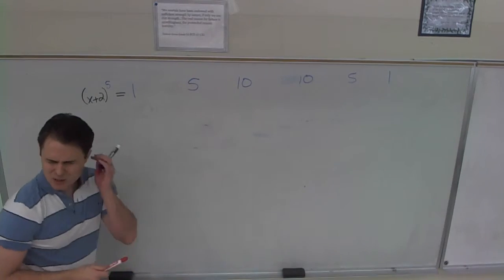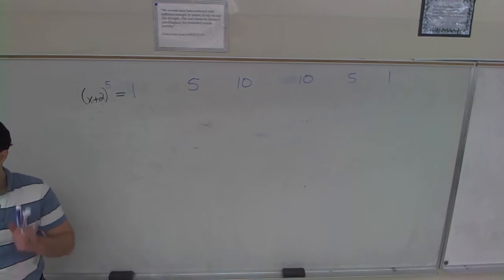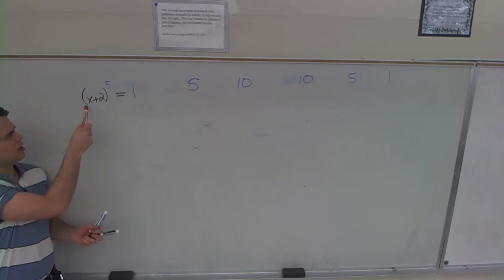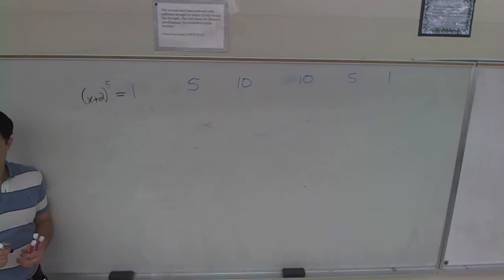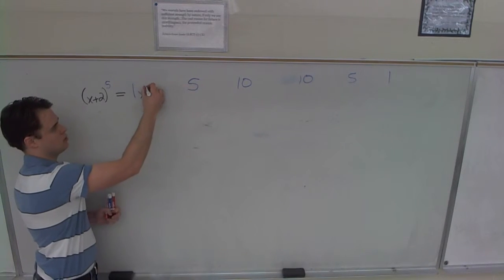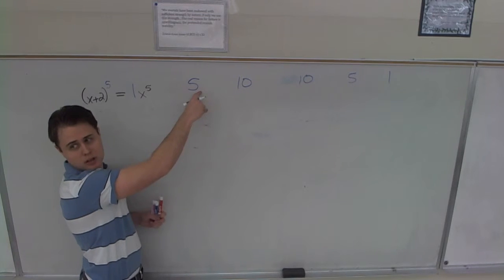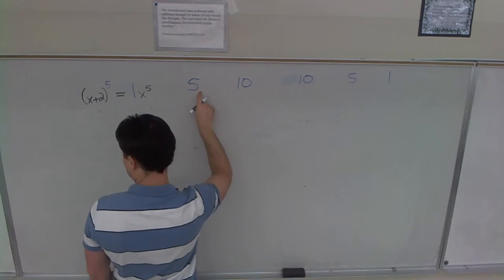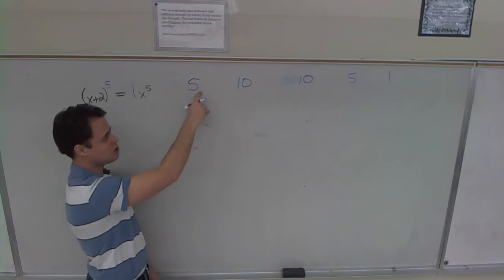And then what did I do next after I got those? Joe, can you help me? What do I do with the X? There's no distributing. X to what power first? The 5th. Let Joe answer. What's this one going to be then? X to the 4th?